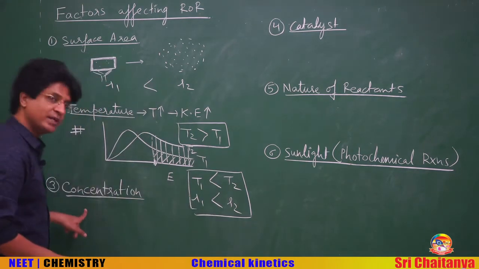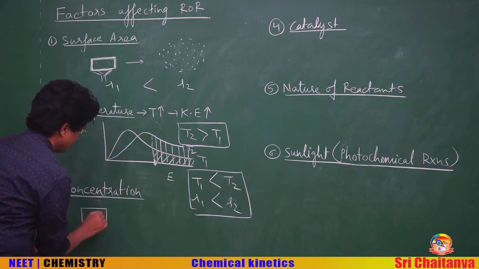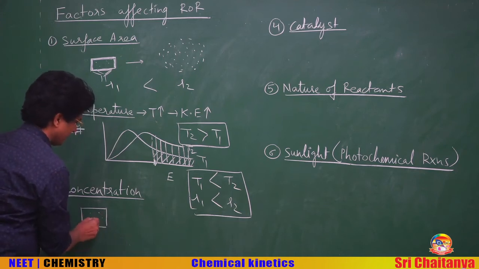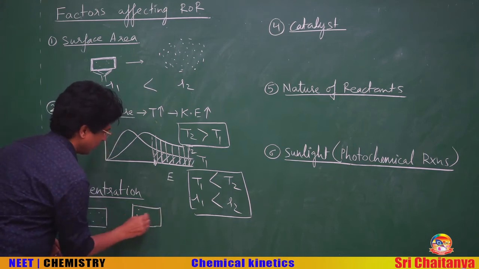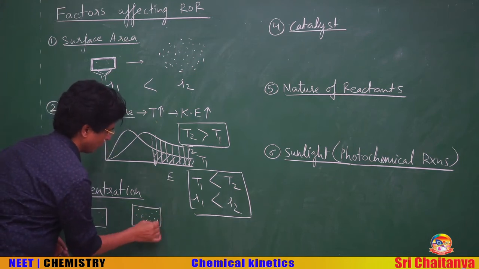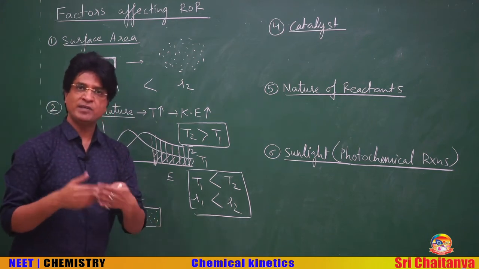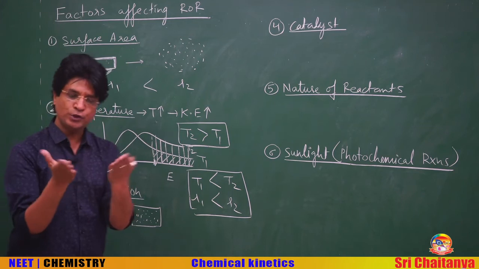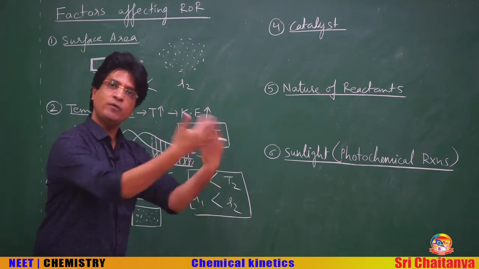Now let us come to concentration term. Now let us take an example. Suppose we are having some particles, and in the second case I am having in the same container many particles, more number of particles. So we all know that to have a successful reaction, the particles should collide. More is the frequency of collision, more is the rate of reaction.